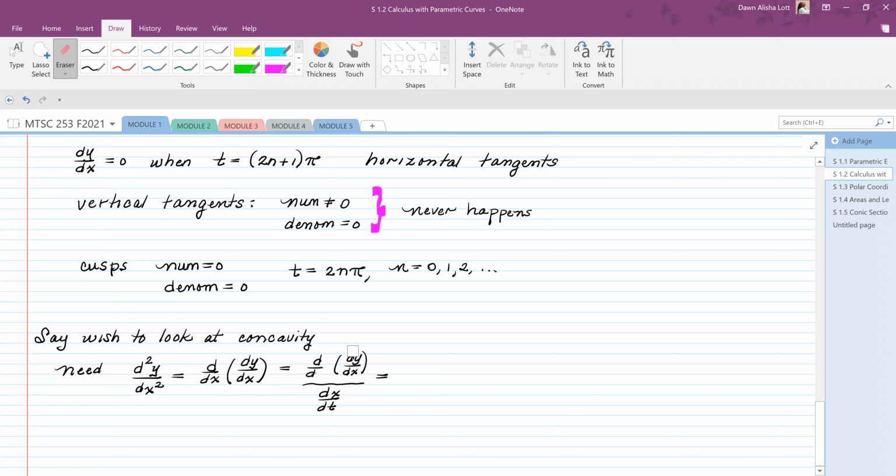Oh, that's right. So you just need to take the derivative with respect to t and then divide by dx/dt. Okay. So where are we?